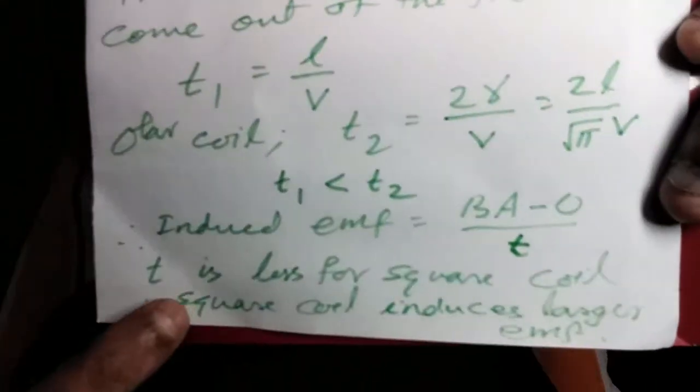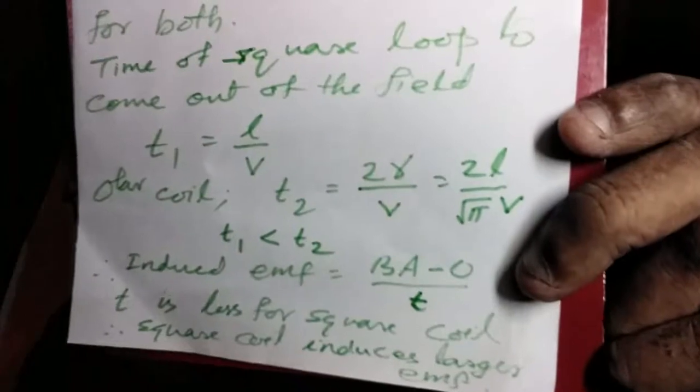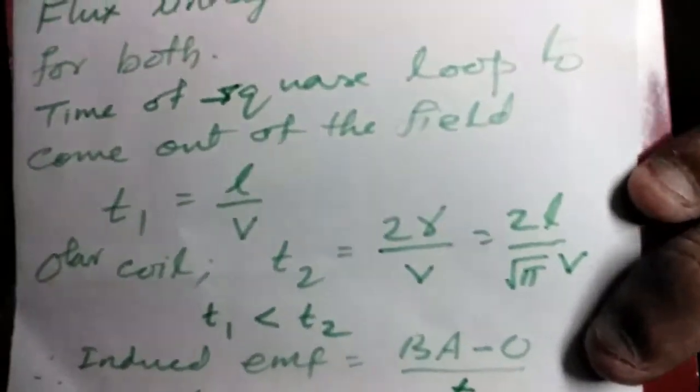That means the square loop induces more EMF. That is the answer. You can work out yourself using these castings.